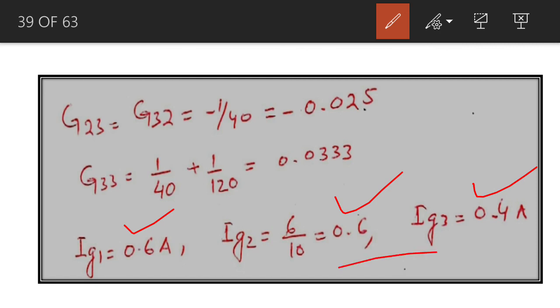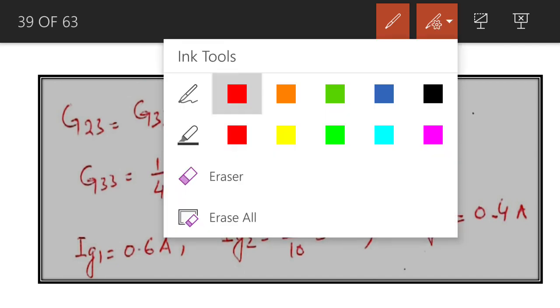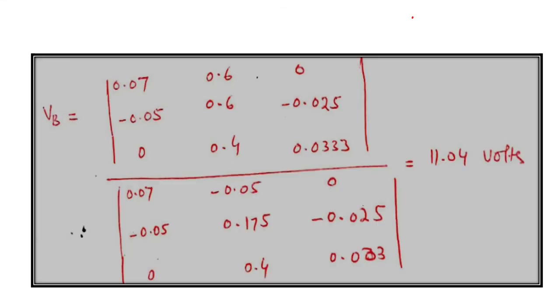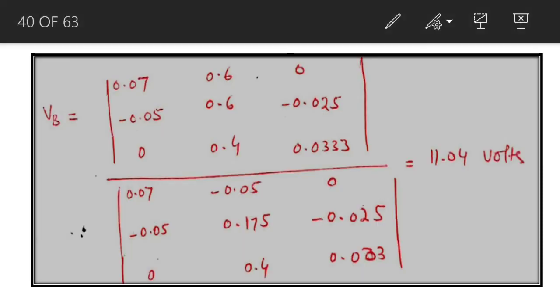So if we put all these values in the G matrices, for the calculation of VB, let me consider the G matrix first, and then I will talk about the calculation of VB. So here is the G matrix.